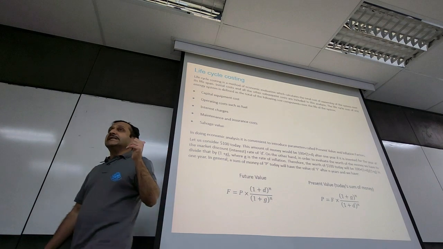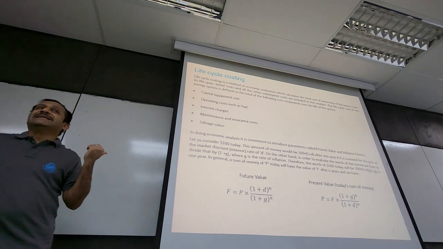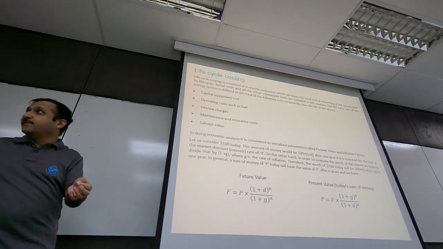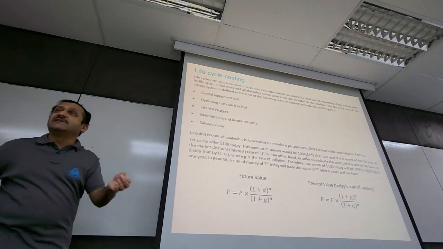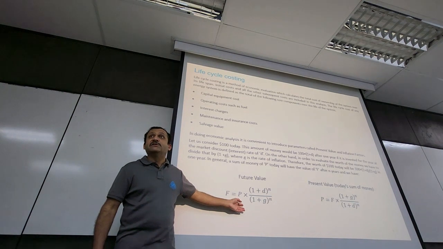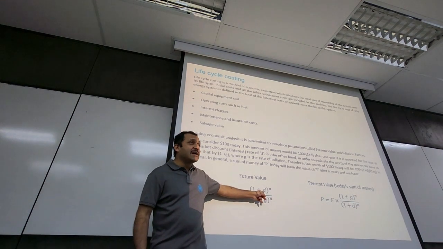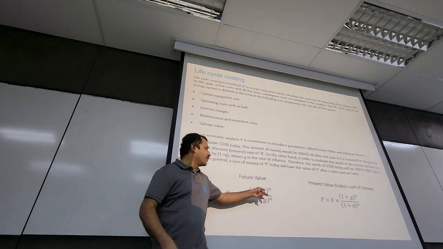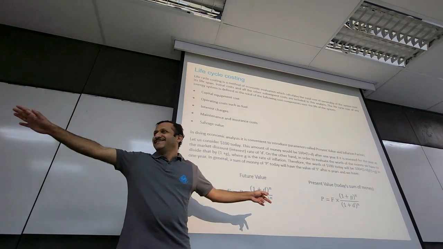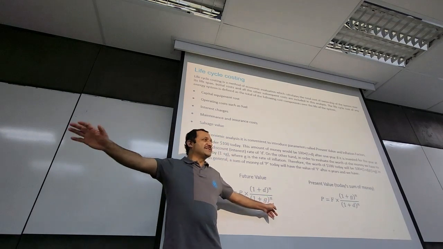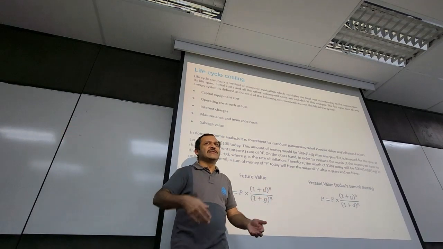Now, what I'm trying to do here is simplify the equation. If you show this equation to an accountant or an economist, they will say, yeah, it's correct, but the assumption here is that your discount rate or interest rate is constant for all those years. Your inflation is constant for all those n number of years. In reality, we know they fluctuate.